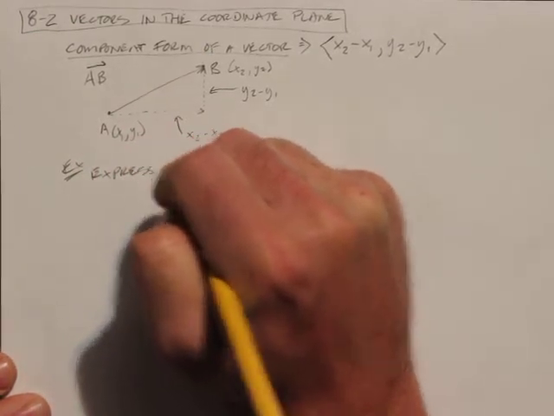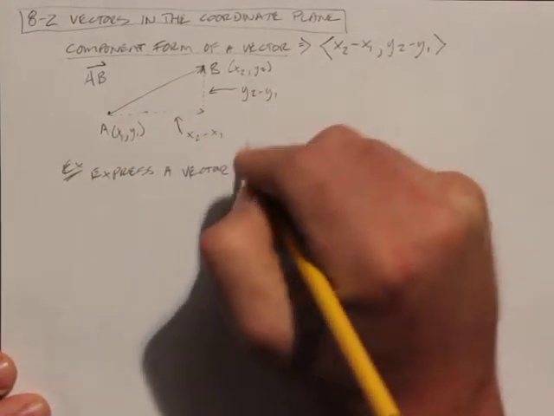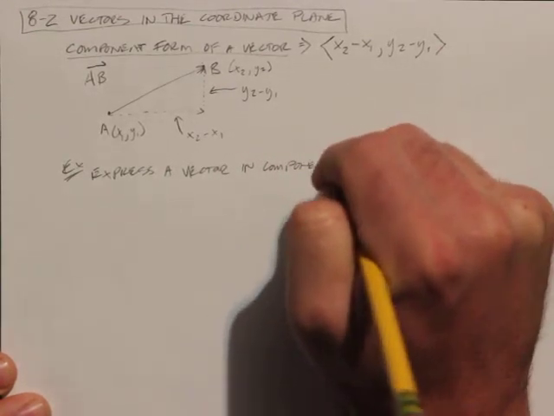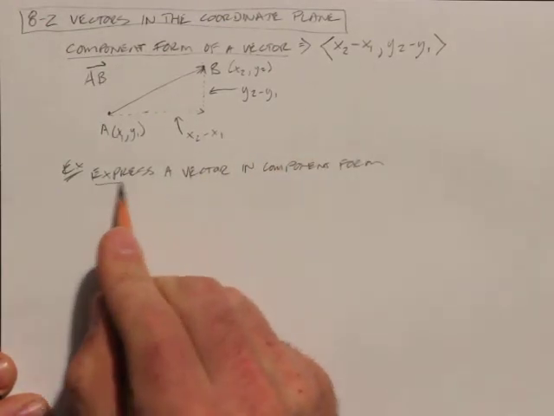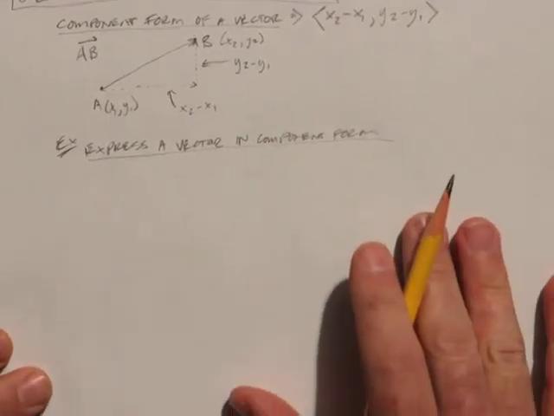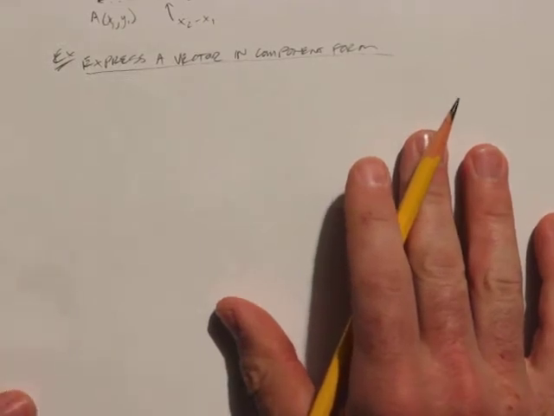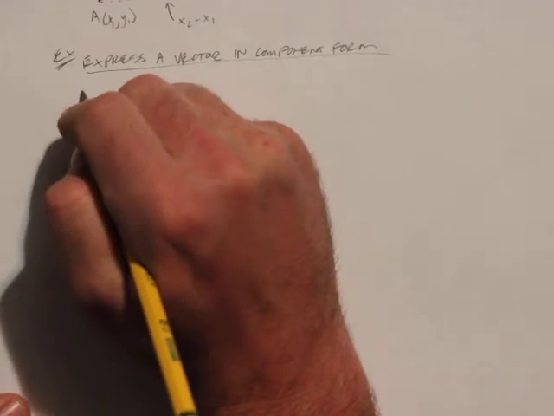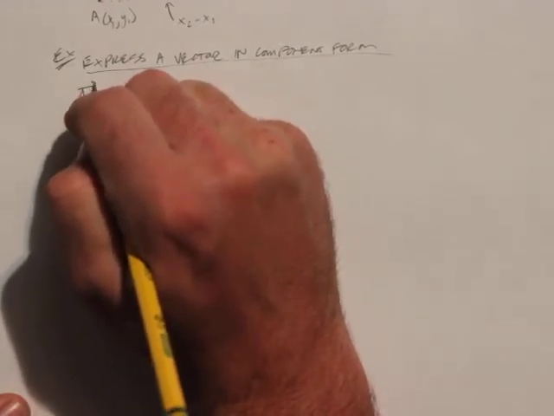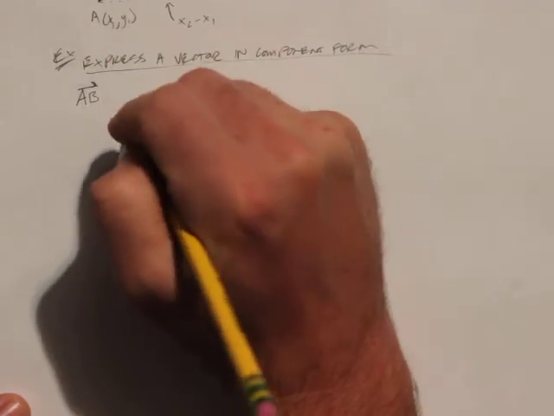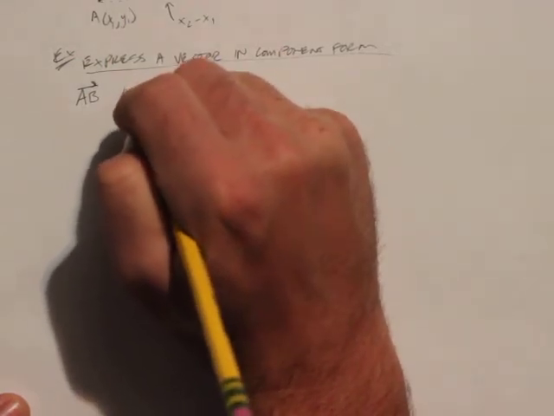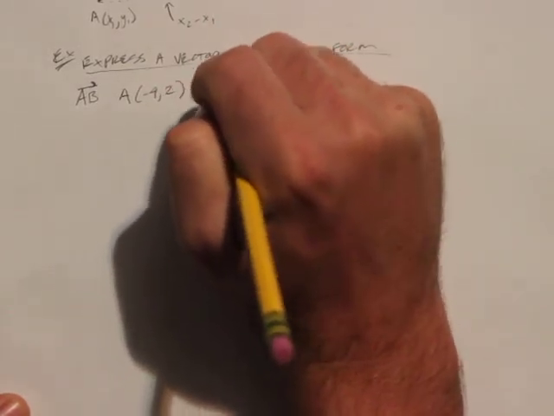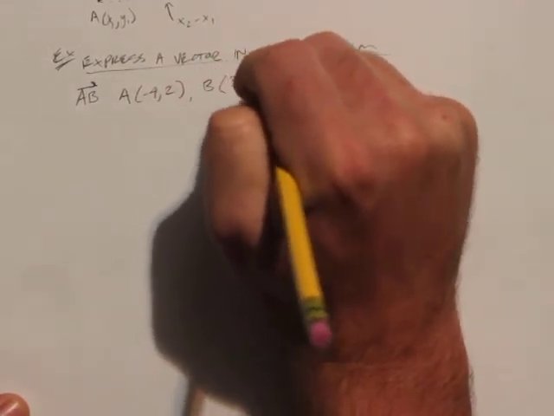Express a vector in component form. Okay, so we've got vector AB, where the points are A is -4, 2, and B is 3, -5.